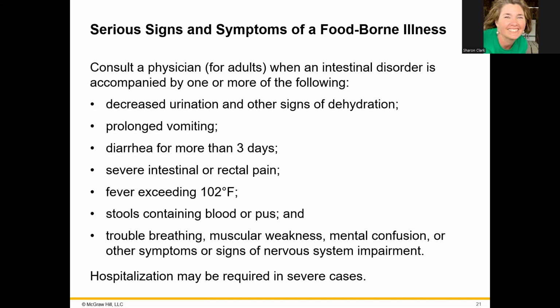Whereas things like the flu is more coughing and body weakness. And you got to watch out for COVID too, because vomiting and diarrhea is not typical, but can be a sign of some of the COVID strains. So you got to be careful with that. But stuffy nose is usually not a typical sign of foodborne illness.